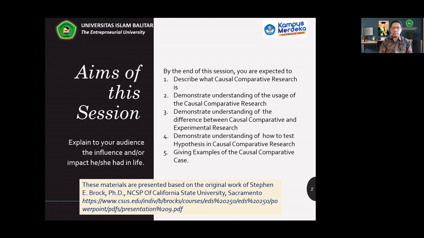Thirdly, describe the difference between causal comparative and experimental research. Fourthly, demonstrate understanding of how to test hypotheses in causal comparative research. And lastly, give examples of causal comparative research.